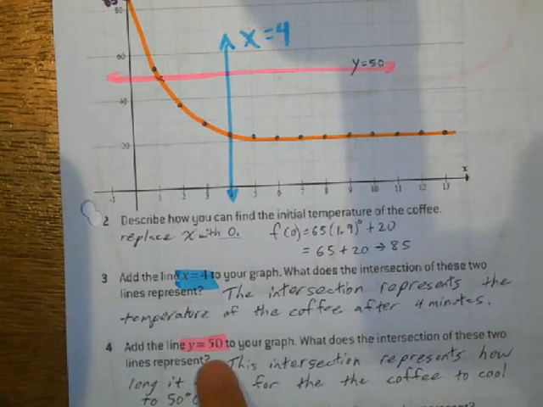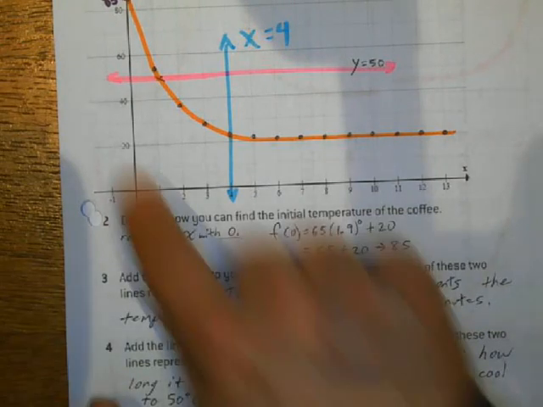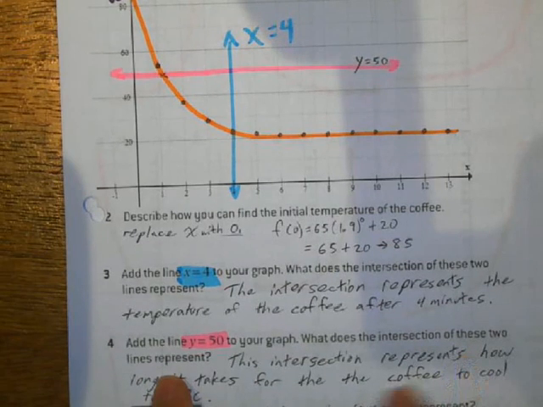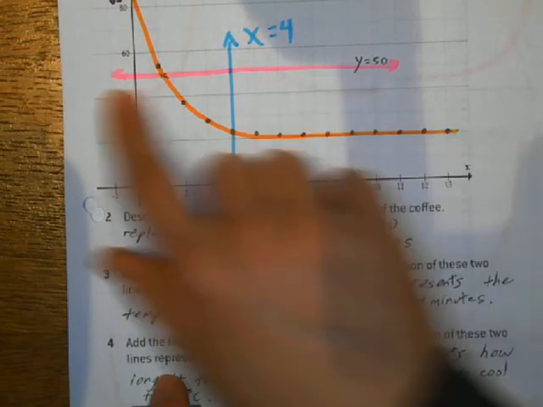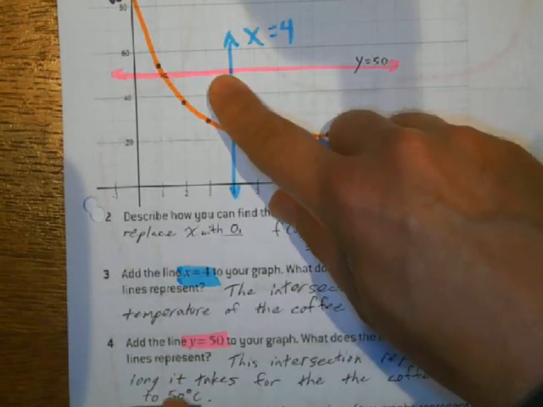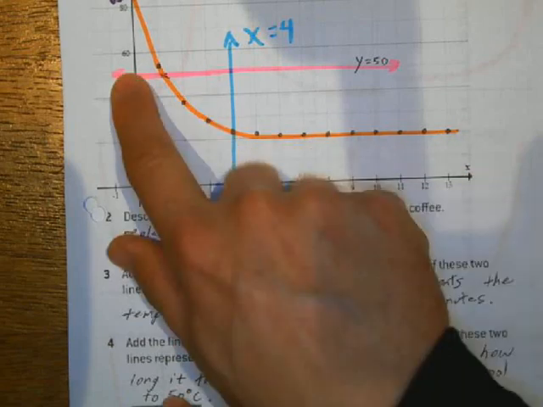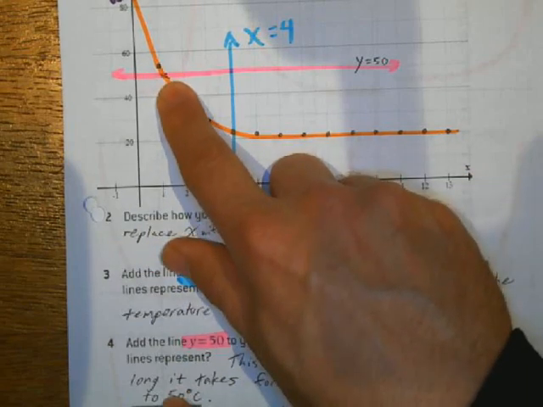Okay, add the line y equals 50. What does this intersection of the two lines represent? So this intersection of the line y equals 50 is going to say how long it is going to take for the temperature to get down to 50.